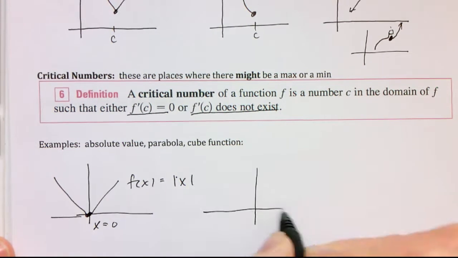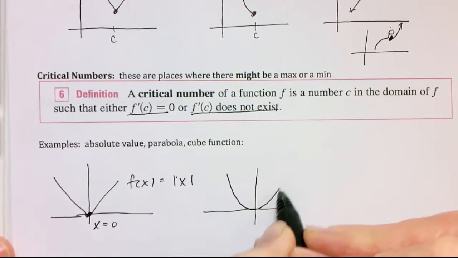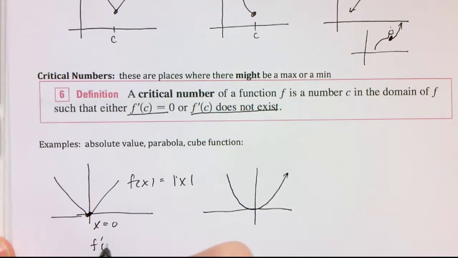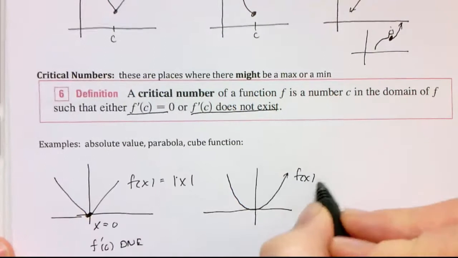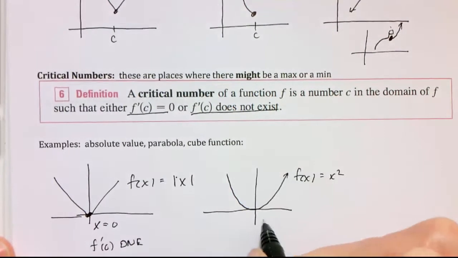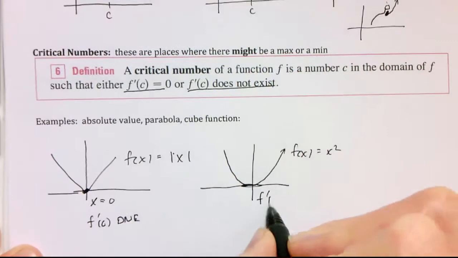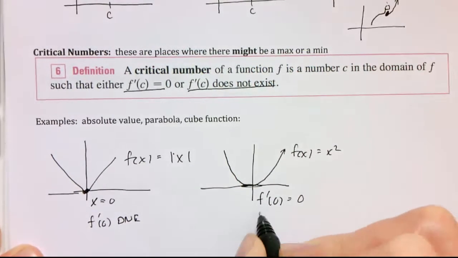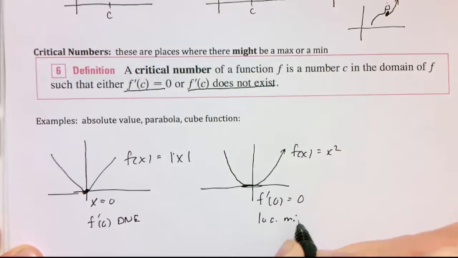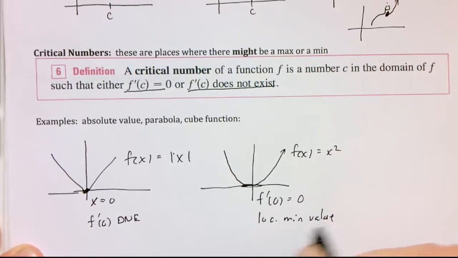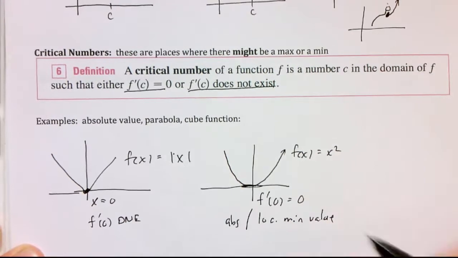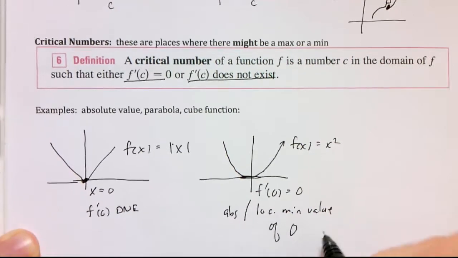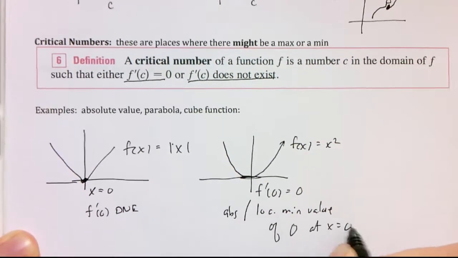If I take your everyday basic parabola, f of x equals x squared, at 0 we have a horizontal tangent line. We also have a local minimum value and an absolute min value of 0 at x equals 0.